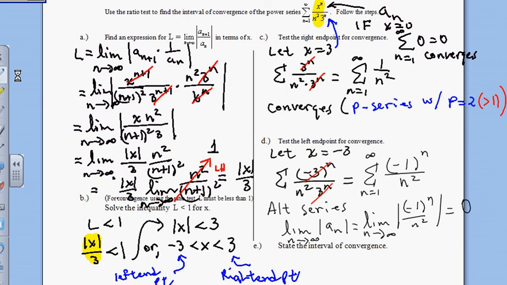So it converges. So this series converges at both of the endpoints, so we state our interval of convergence as any value for x within the closed interval negative 3 to 3 will guarantee convergence of the original series.